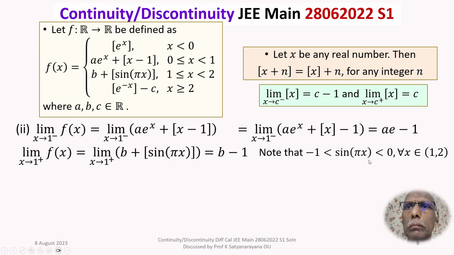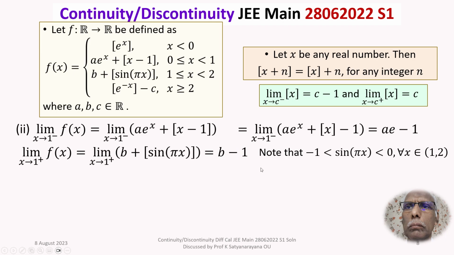Because sine pi x, when x varies in the open interval 1 to 2, takes values from minus 1 to 0. Minus 1 is less than sine pi x is less than 0 for all x belongs to 1 to 2.